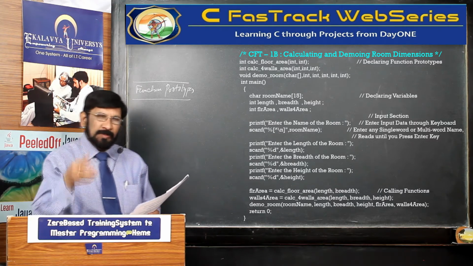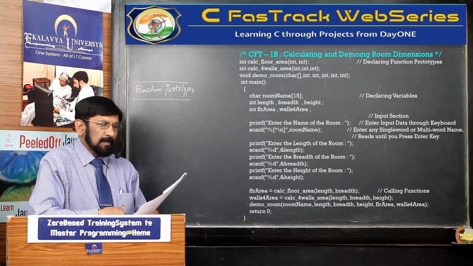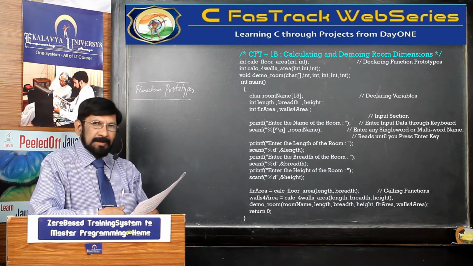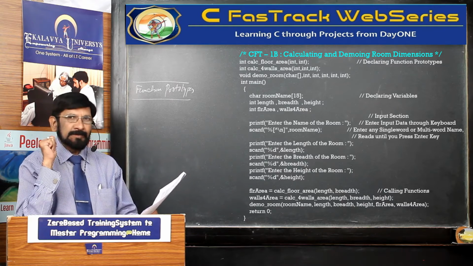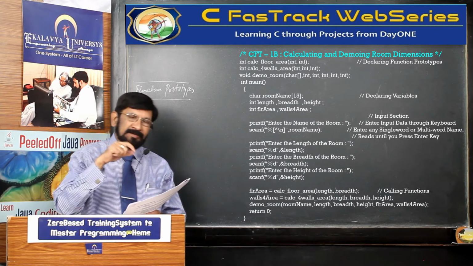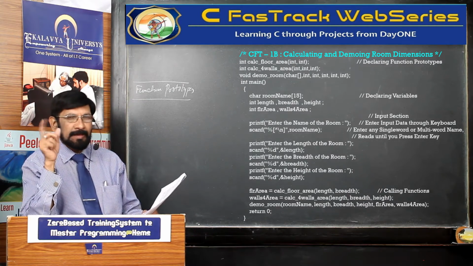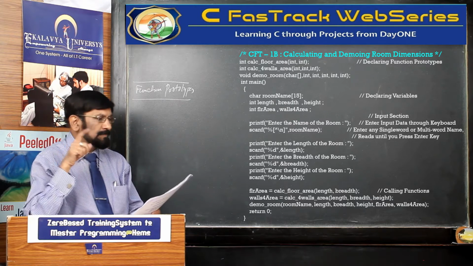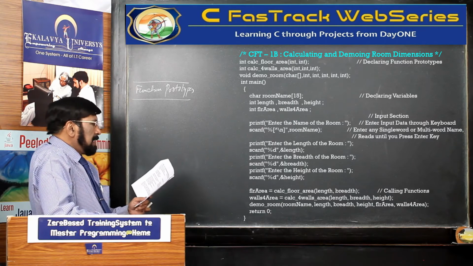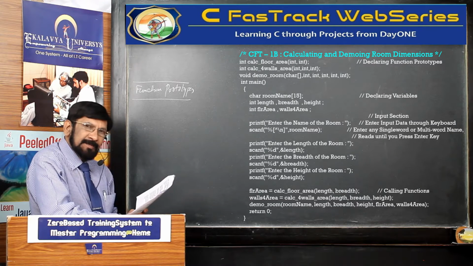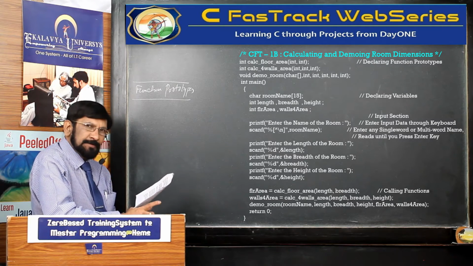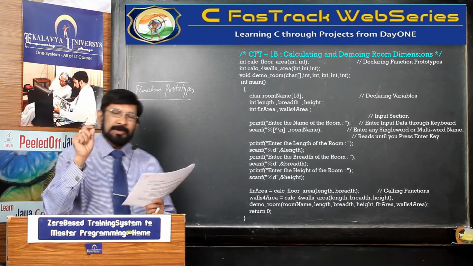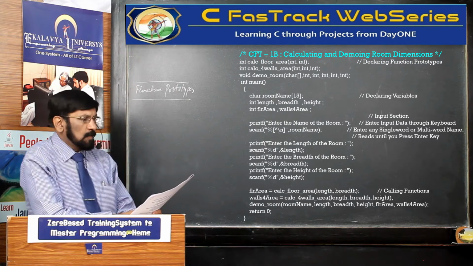But if you know the concept, you need not write. Okay. Int. So it takes 2 integer arguments. Then what does it return? It returns the area. That area is int. So what you are writing? Int calculate floor area int. And thereafter it is a statement. That's why we terminate with a semicolon.